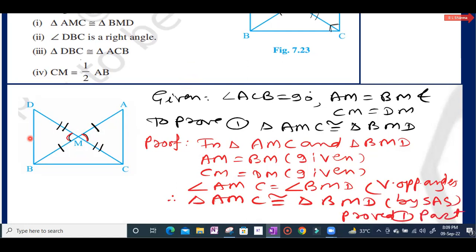In this way we made these two triangles AMC and BMD congruent. We have done this first part.